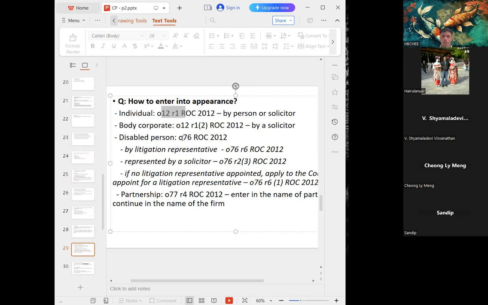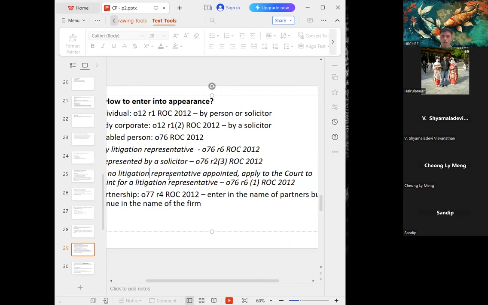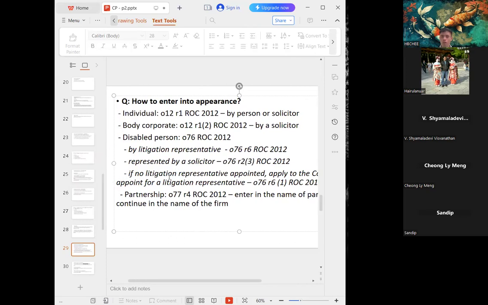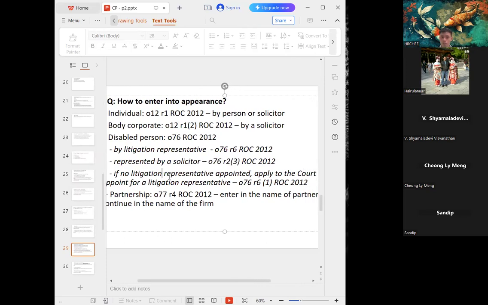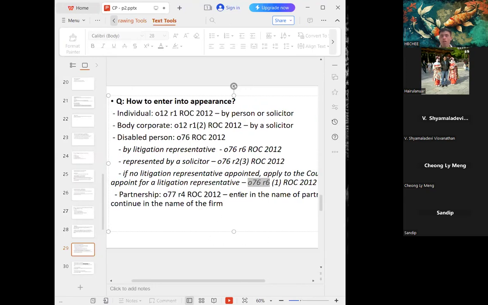A disabled person, Order 76, by a litigation representative, Order 76 Rule 6, or represented by a solicitor under Order 76 Rule 2 Sub 3. If no litigation representative is appointed, you can apply to the court to appoint one. This is given under Order 76 Rule 6 Sub 1.